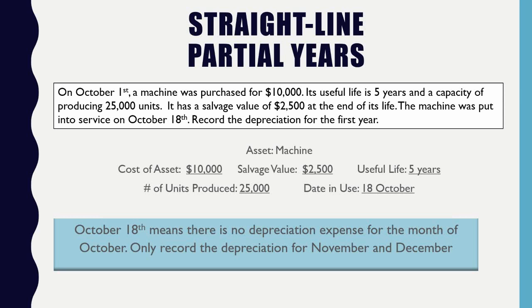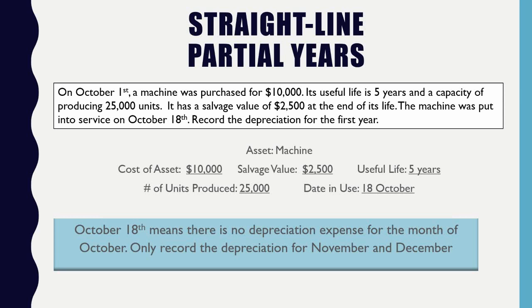So let's take another look where we bought a machine that cost us $10,000 with a salvage value of $2,500, and the estimated useful life was 5 years, and the number of units it could produce is 25,000 units. And once again, we placed it into service as of October 18. Now, what does that tell us?